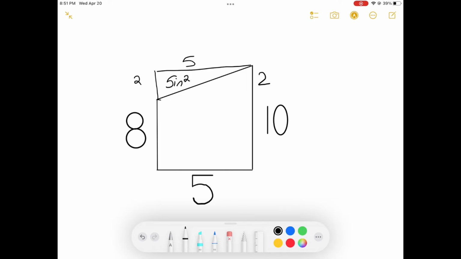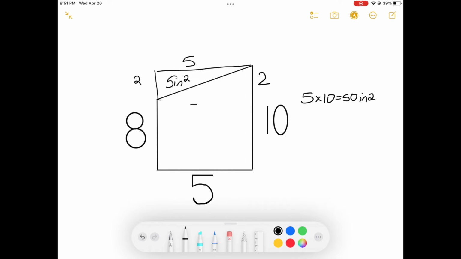Now the next part we need to do is find the area of the whole rectangle, so we can subtract the area of the triangle from the area of the rectangle. So let's write down 5 times 10, which equals 50 inches square.